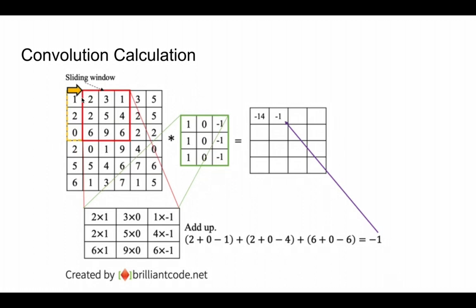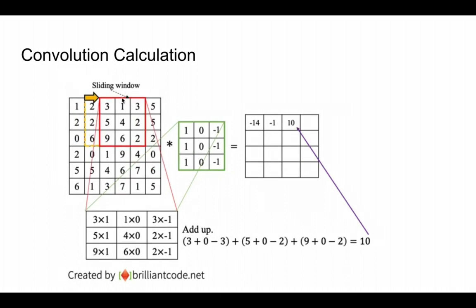This sliding window will be shifted to the second element. Again, we apply the calculation, 2 times 1 plus 3 times 0 plus 1 times minus 1, and so on. Once we add up all these 9 elements together, we get minus 1, which will be the second element in the feature map.